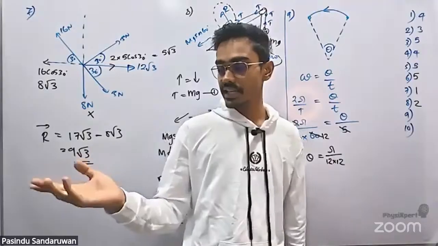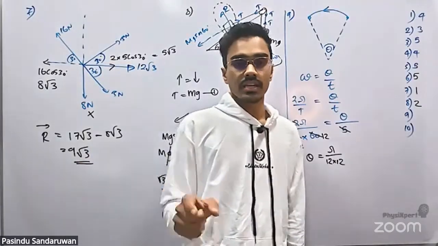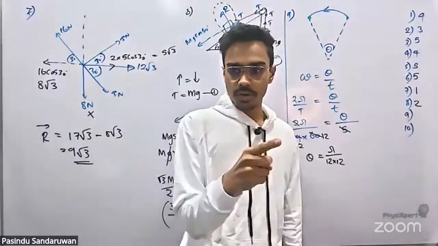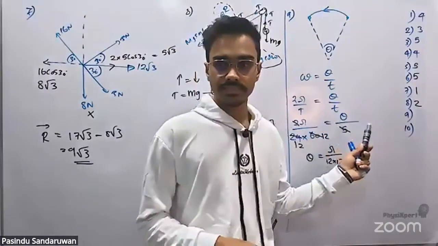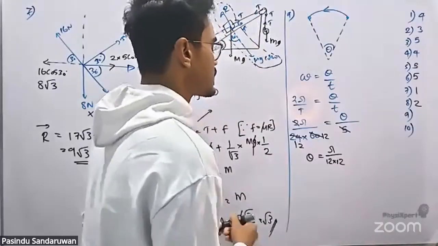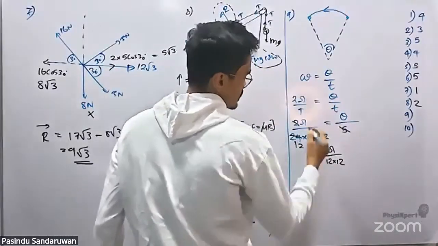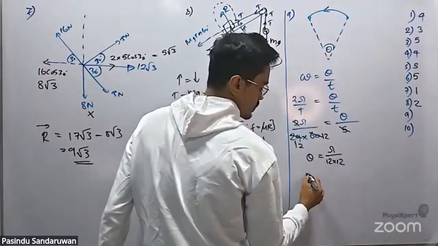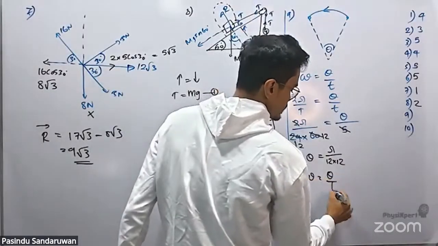Then it takes 1.56 seconds to go between same 2 points, which means to cover the same angle. Then again, we can use omega equals theta over t. This is for the car now.